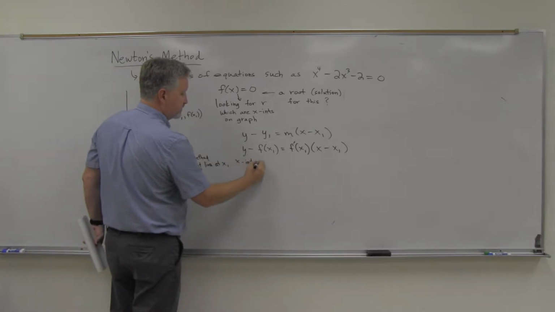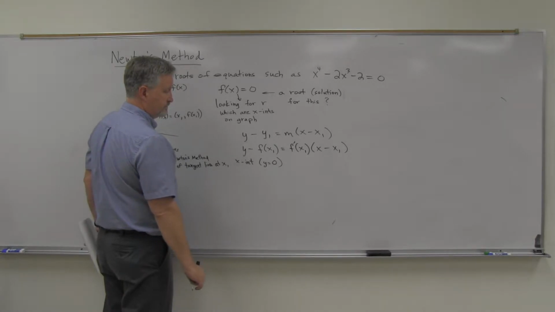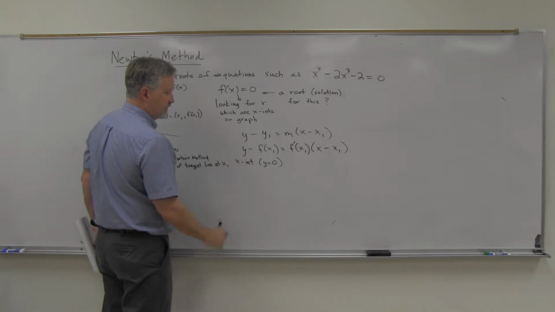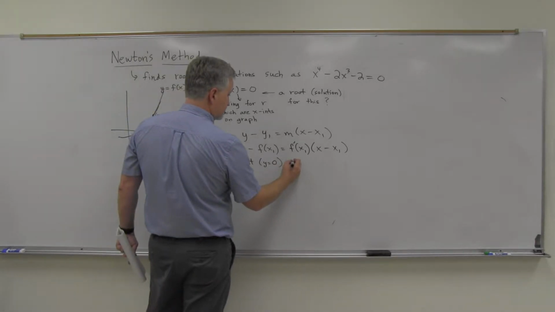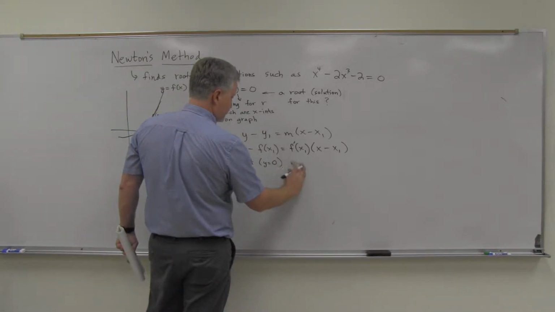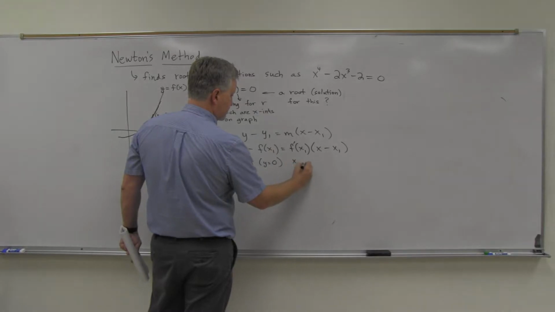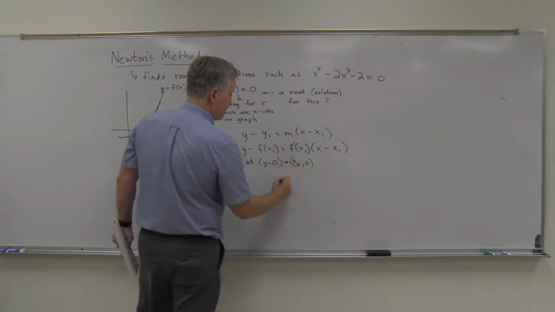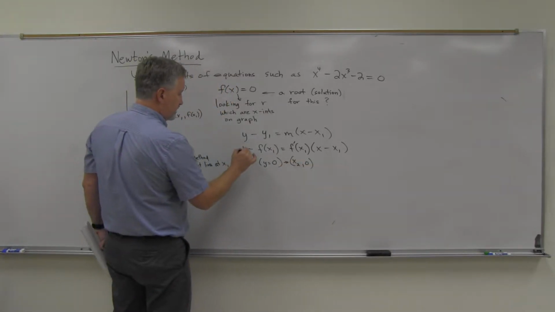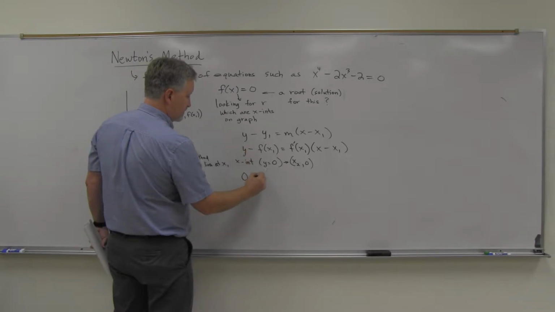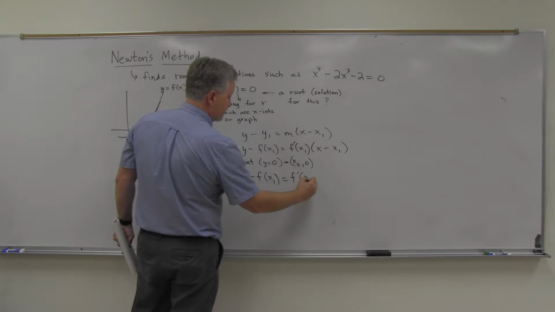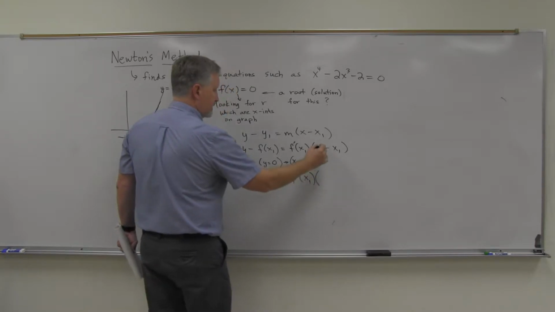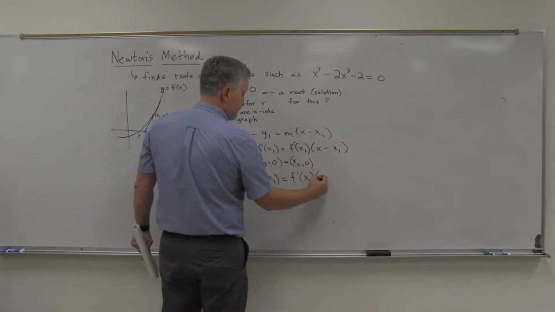So what would be the x-intercept here? Well, the x-intercept is when y equals 0. So the x-intercept would be x2 comma 0. That's what I've called it. So y would be 0 and then x is x2.